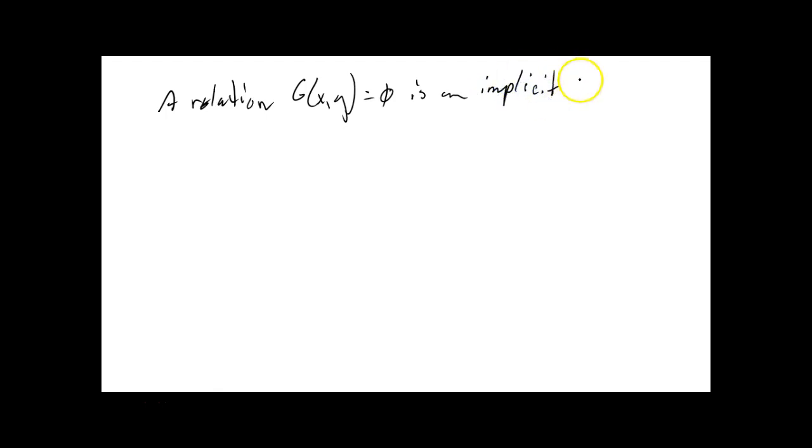A relation g of x y, just like I had before, equals 0, is said to be an implicit solution. I'm writing this only because not all of you have books yet. I'm skipping some words here. Implicit solution, abbreviating like crazy, of an ordinary differential equation.